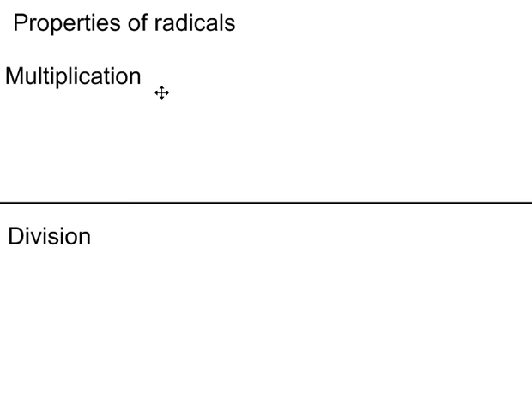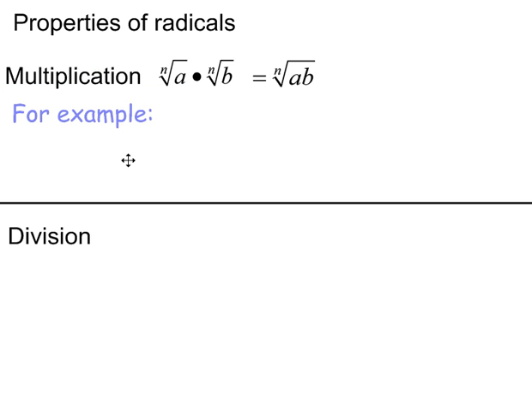The multiplication property says that the nth root of A times the nth root of B is equal to the nth root of A times B. So that's the multiplication rule. So for example, say you got 3 radical 2 times 4 radical 3.